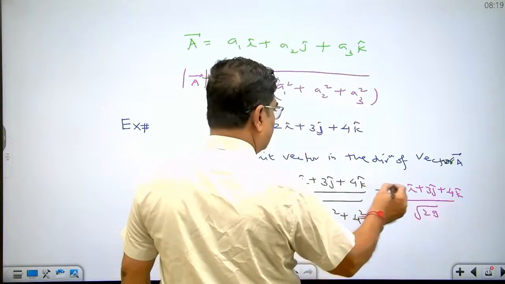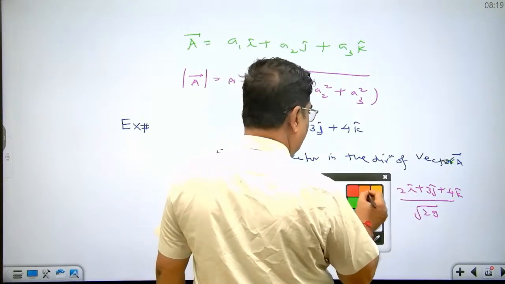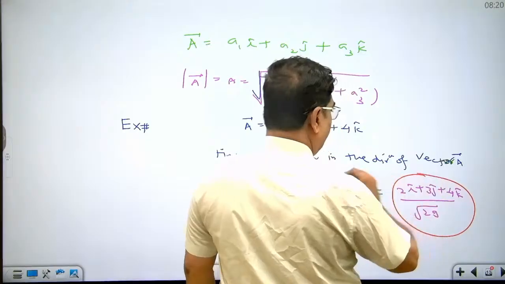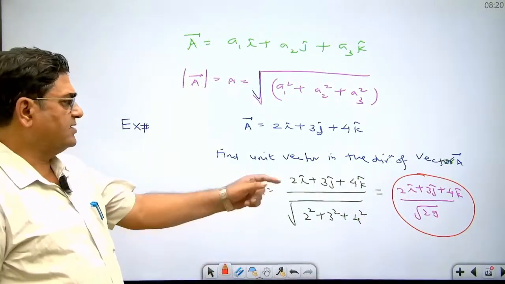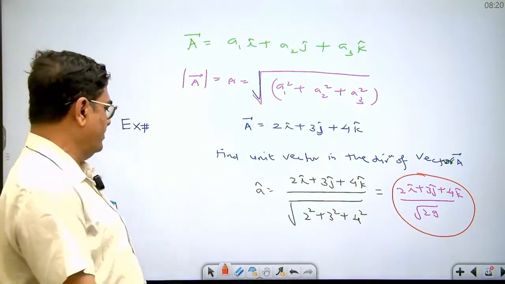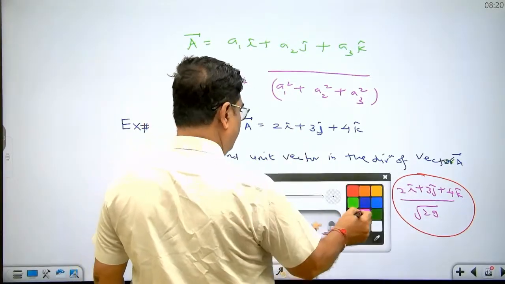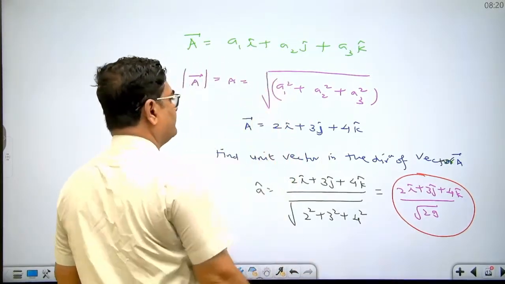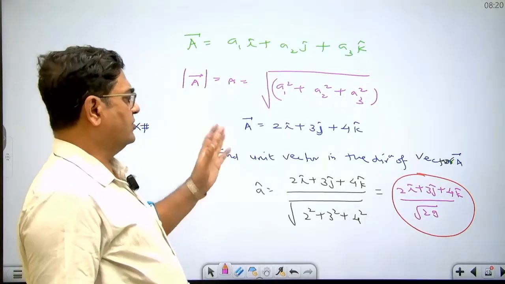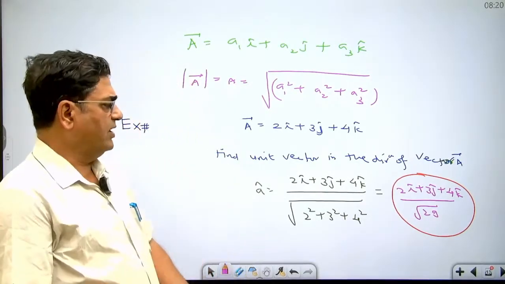So dear student, what is this? This is the unit vector in the direction of vector A. This is the equation of the unit vector in the direction of vector A. Okay. So this is how we can solve the problem of unit vector.